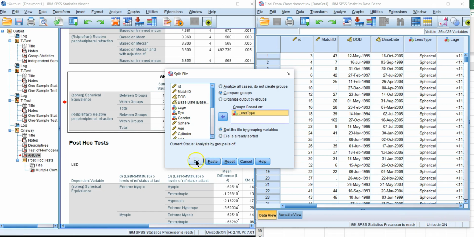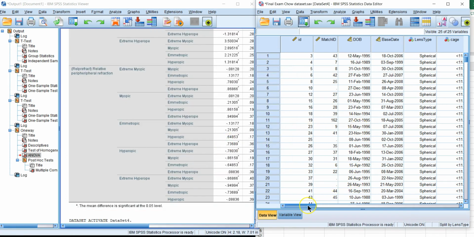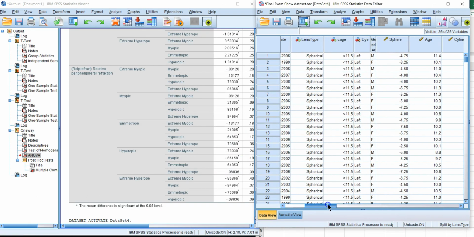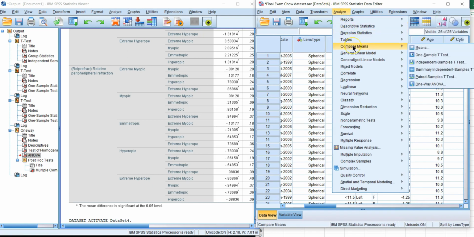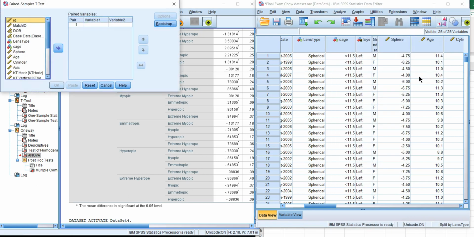Then let's do analyze, compare means, paired samples. We're going to put in 5 and 0.